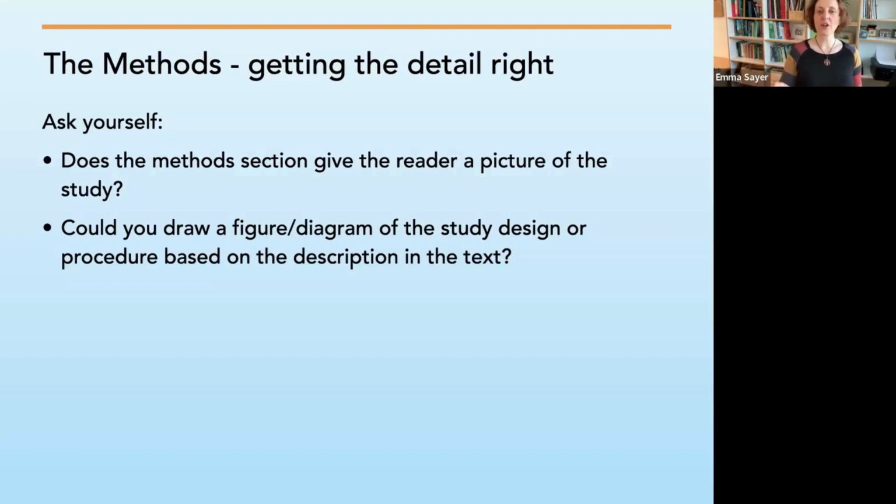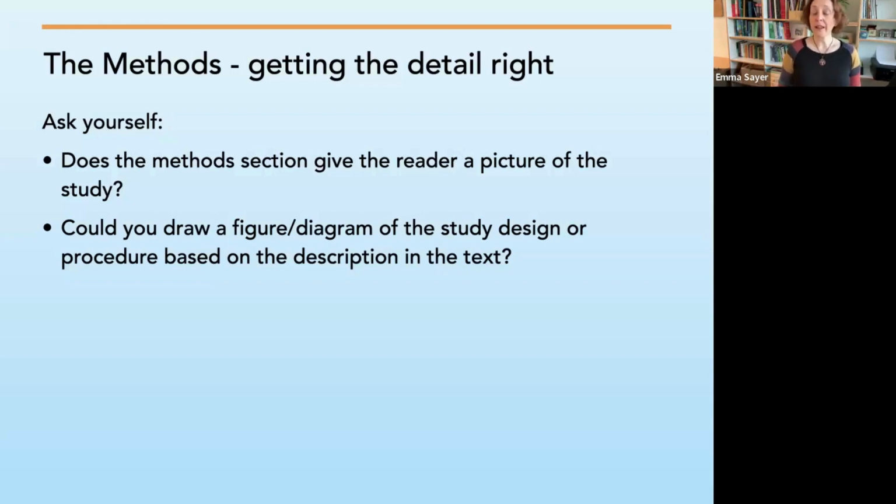I will actually try and draw a timeline or a little plan, a little map of what I think the study design is, especially if it includes things like treatments and sub-treatments and subplots. And if I can't draw the study design based on the text, as a reviewer, I would tell the authors that they've got to include more detail and they've got to be much clearer about how the setup of the study works.